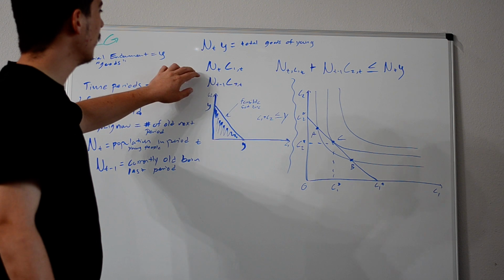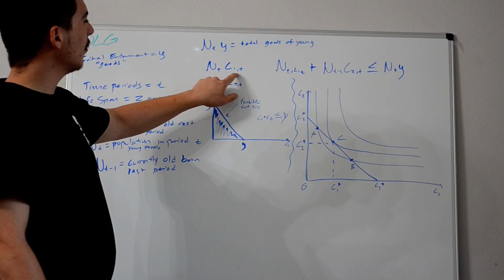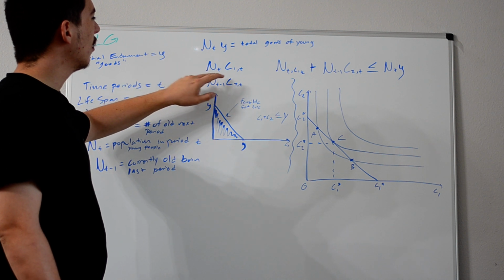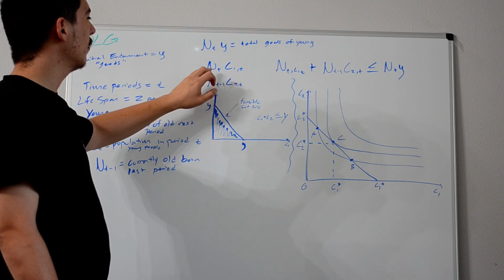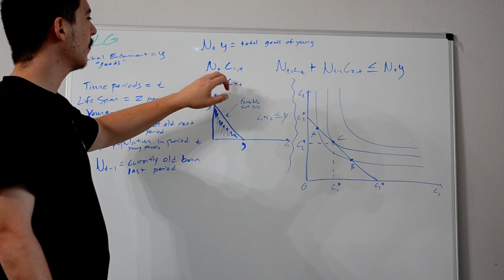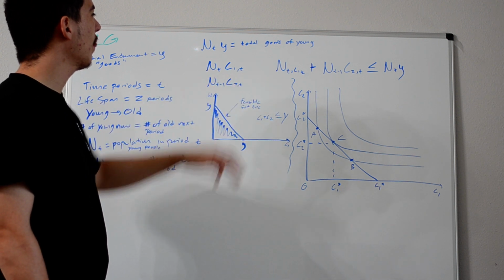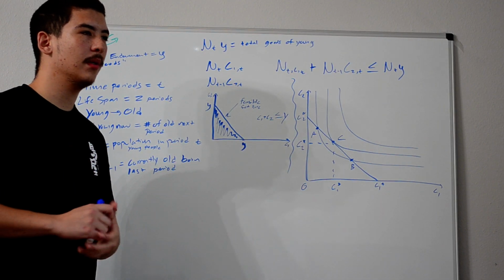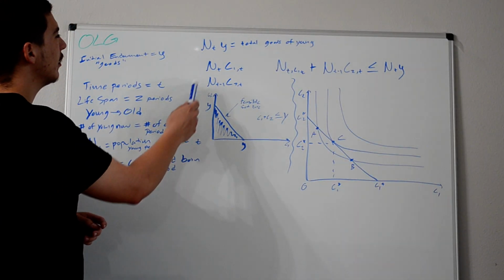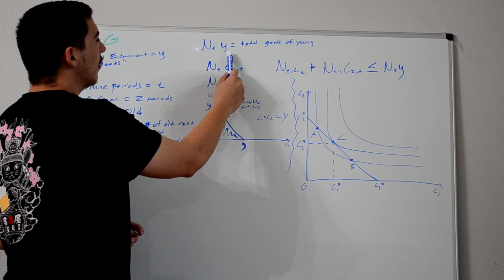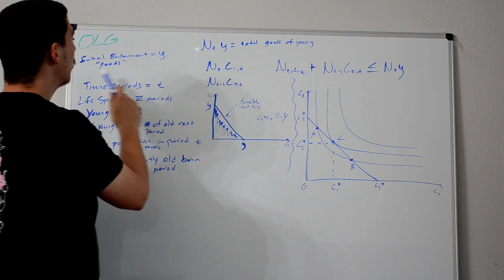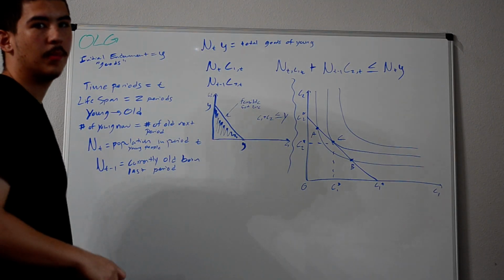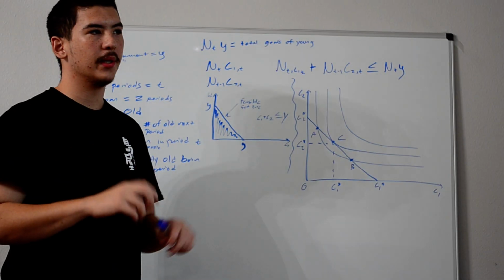Here we have Nth of T, C1, comma T. This is all of the consumption from the young in period T. The amount of goods in the economy is exactly equal to Nth of T times Y. Y is the initial endowment of goods to each individual young person by this benevolent planner.